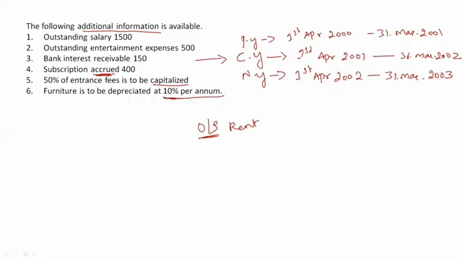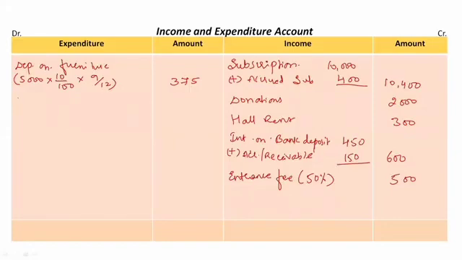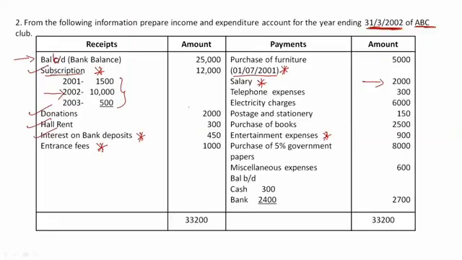My total expenditure relating to salary: salary 2000 rupees is paid, plus outstanding salary rupees 1500, in total 3500 rupees is the expense related to salary.